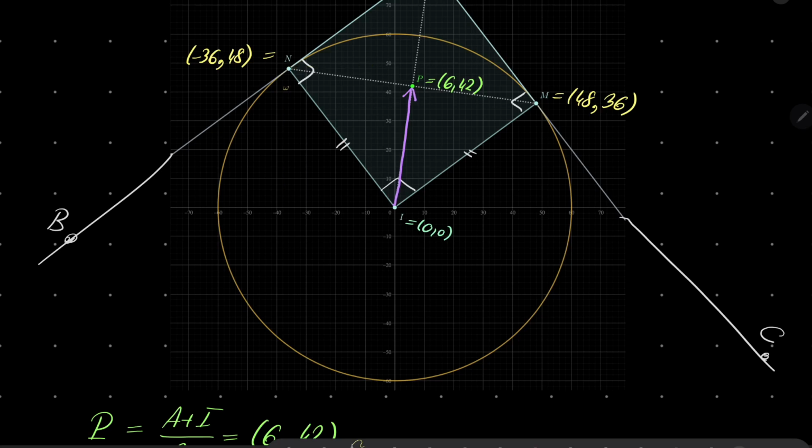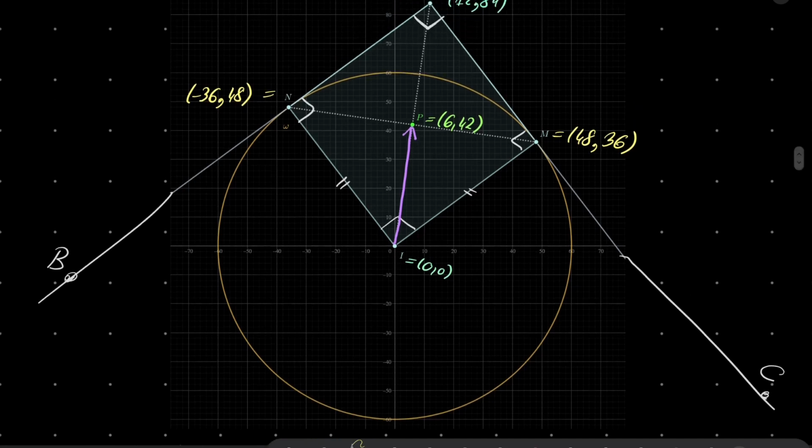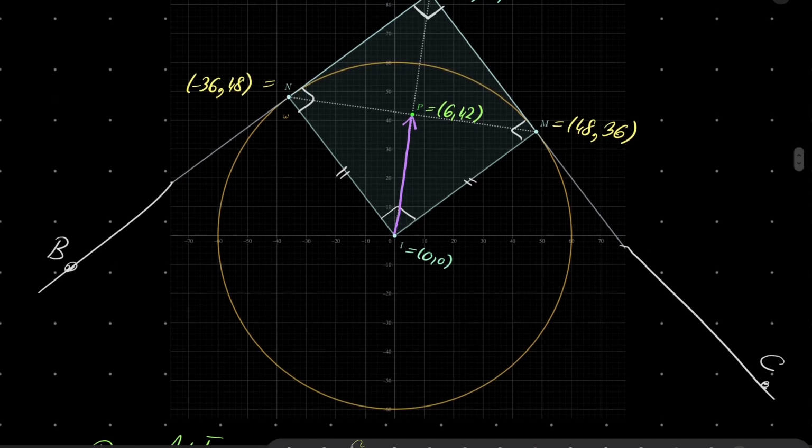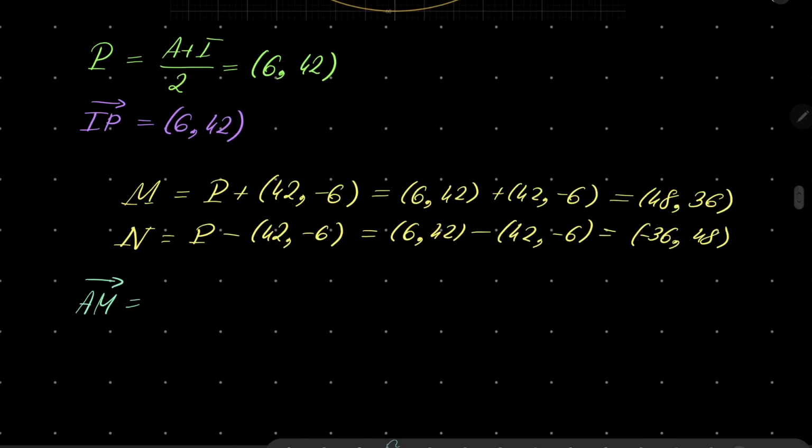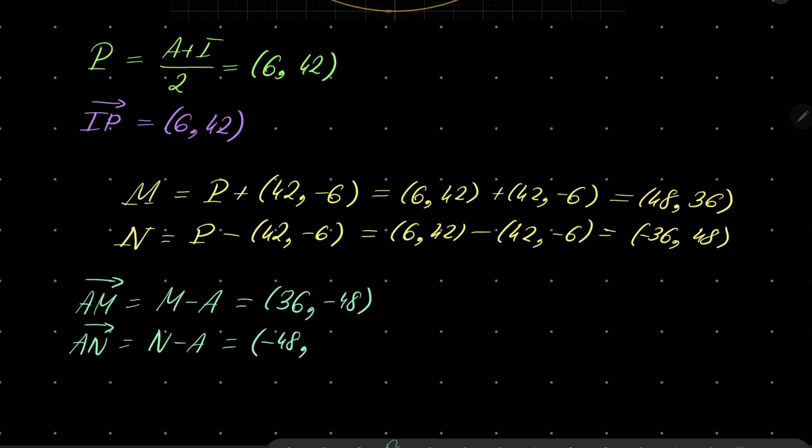All right, now let's take a look. Let's find vectors AM and AN. Well, vector AM, we just subtract point A from point M, and to find AN, we subtract A from N, and we will find that this first vector, AM, is (36, -48), and the second vector is (-48, -36).